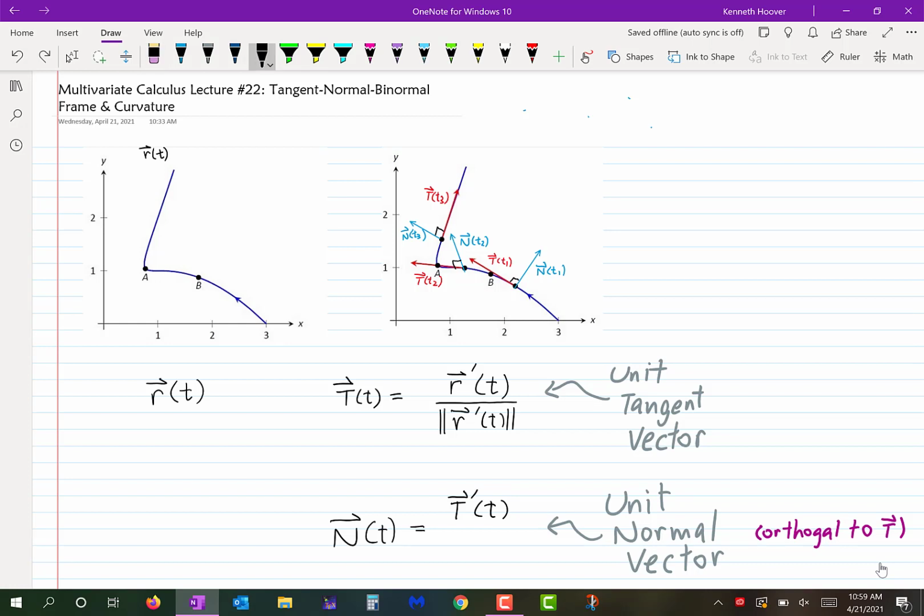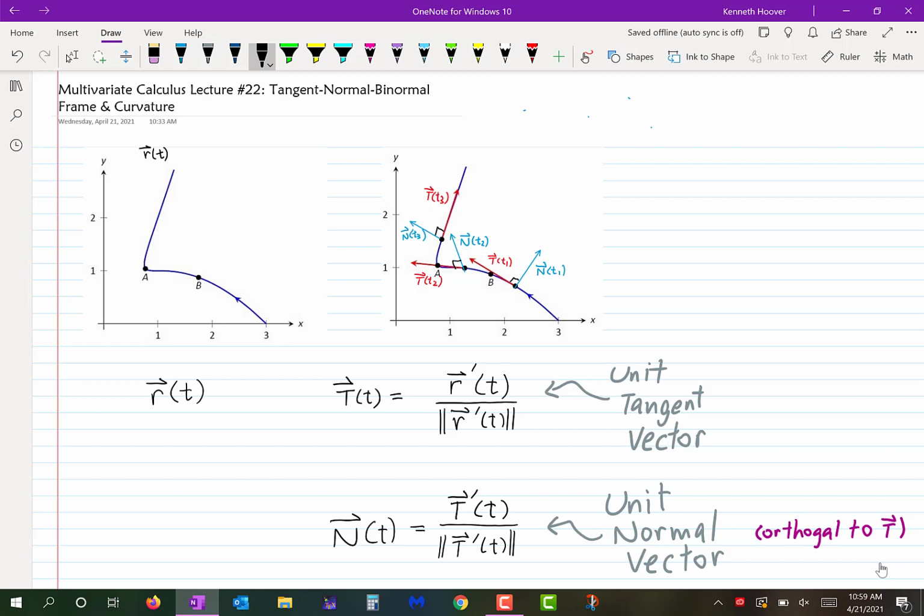So in order to make the normal vector have length 1, we calculate capital T prime and then we divide by the magnitude of capital T prime. And then that guarantees the magnitude of capital N to always be 1.